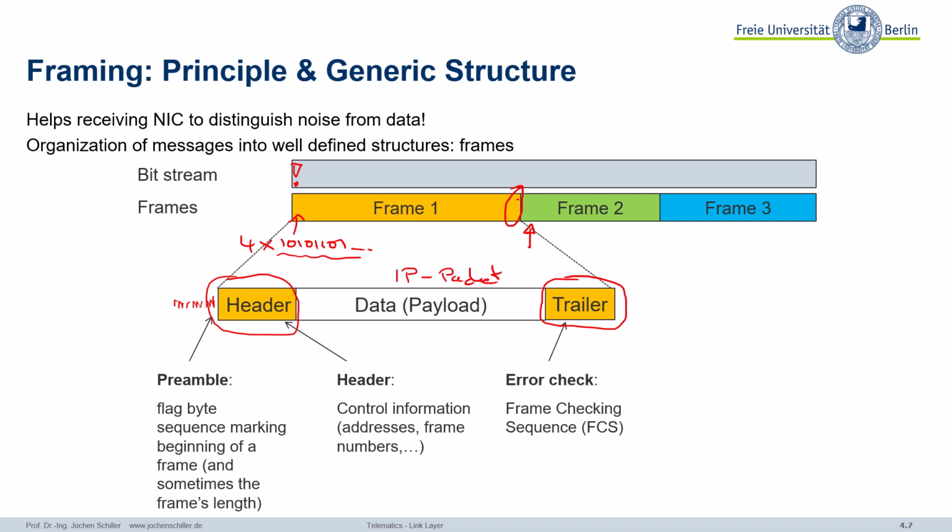Then this is called a preamble. So sometimes we have a special sequence of bits. So for example, our 4 times this 101 whatever, indicating now something new starts.